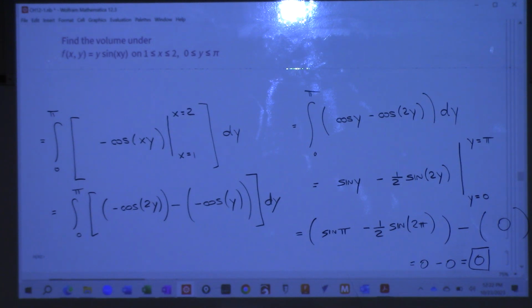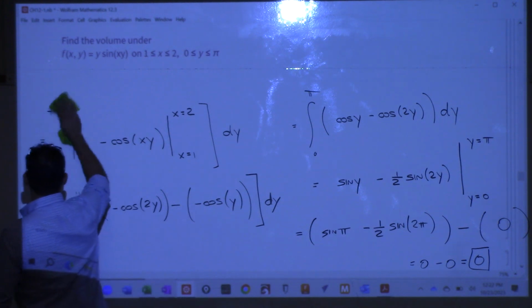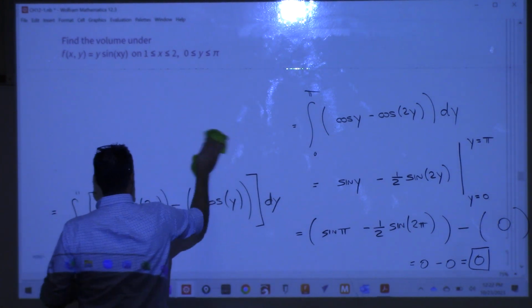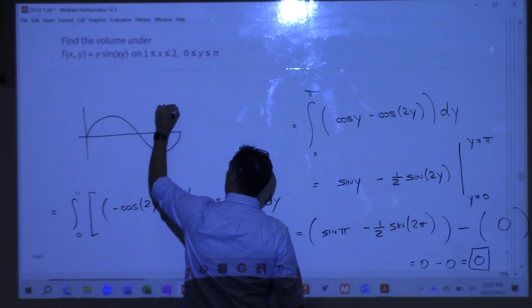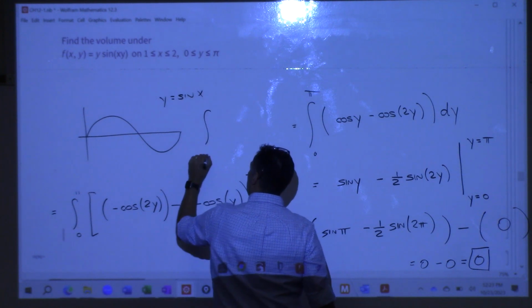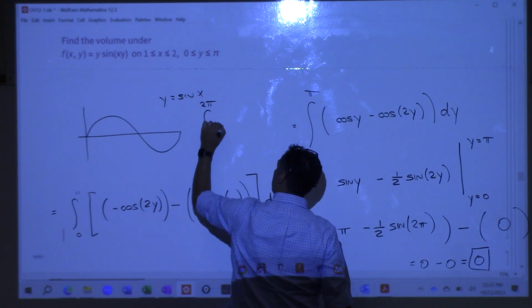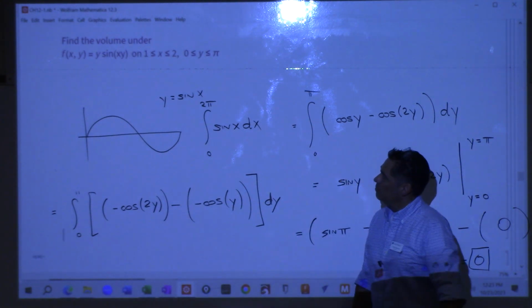Yeah, so go back to Cal 2 for a moment. In Cal 2, if I gave you the sine function, let's say this is y equals sine x, and I ask you for this right here, what would your answer be? It cancels out.